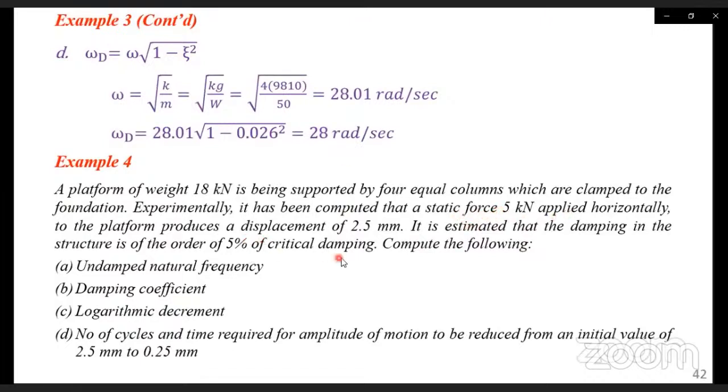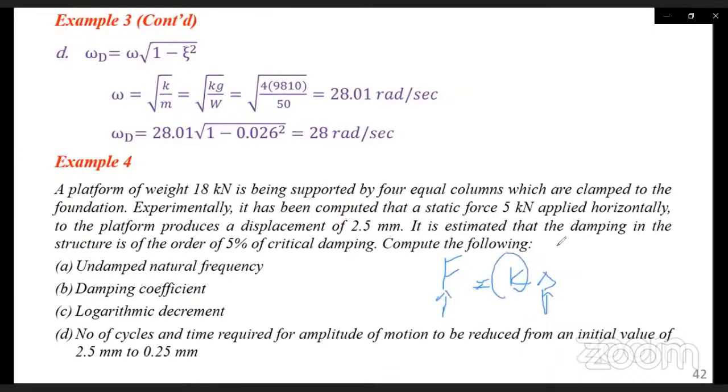If you are talking of static analysis, we have F and we have displacement, so you can already start to imagine what you want to do there. In static analysis, F is equal to K times delta. Our displacement is 2.5, F is equal to 5 kilonewtons, and you can get the stiffness.